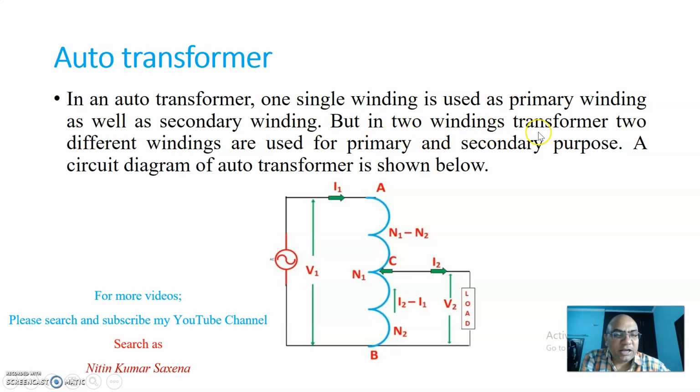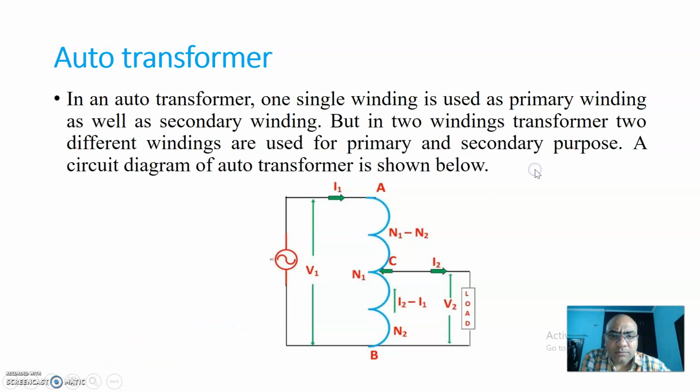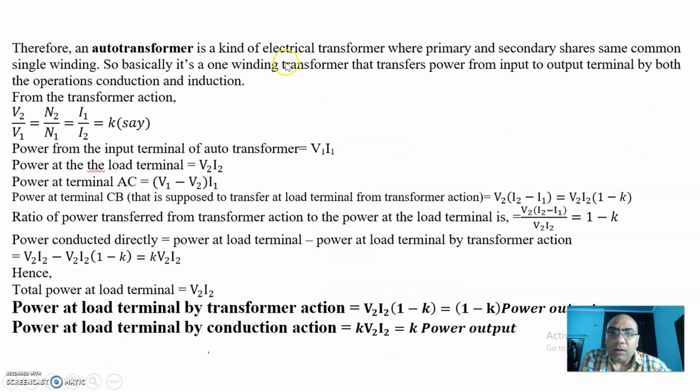In two winding transformer, we use two windings for primary and secondary purpose, but here we are using only one winding.